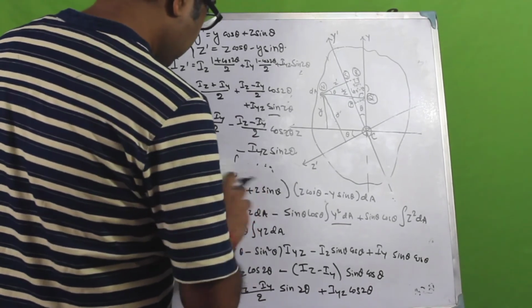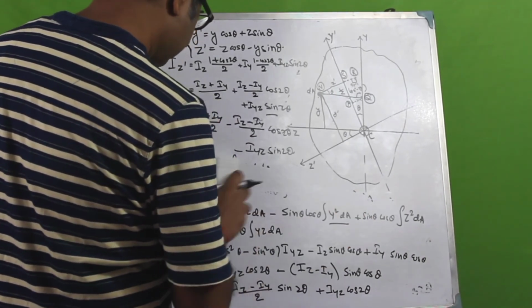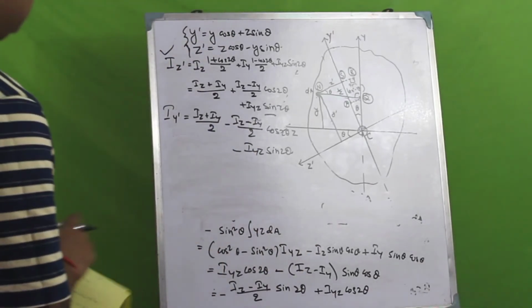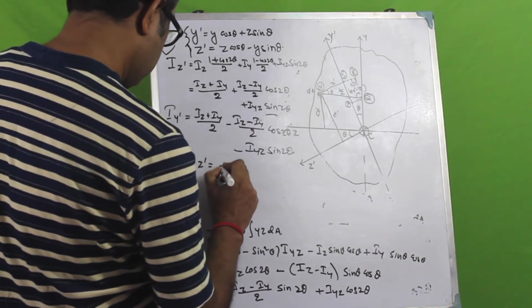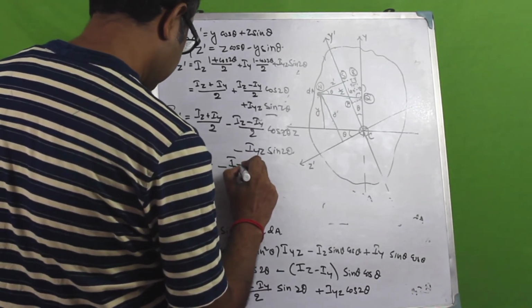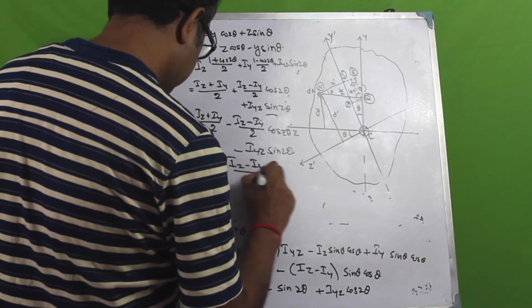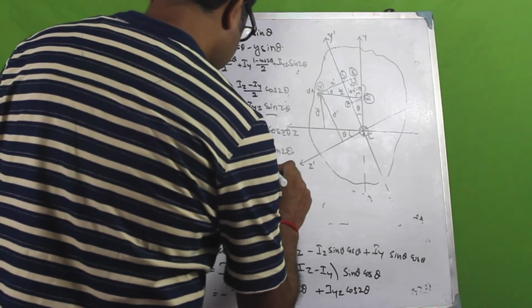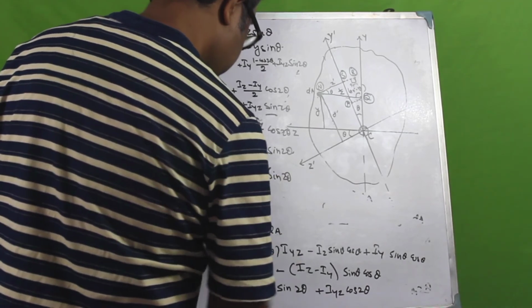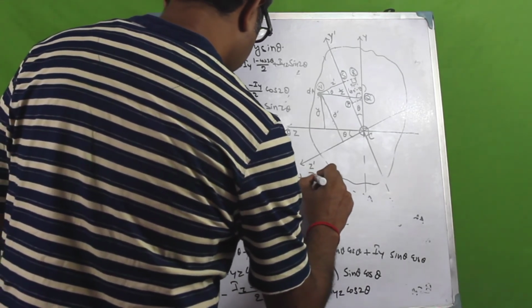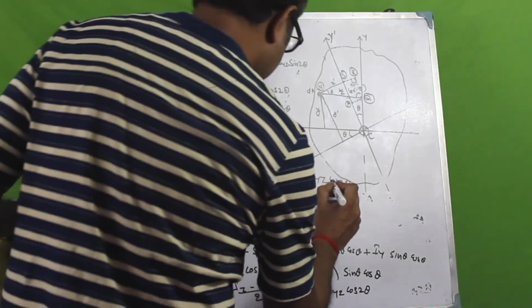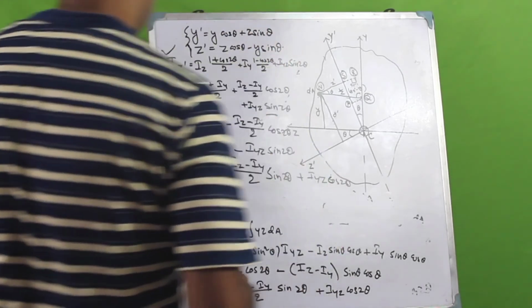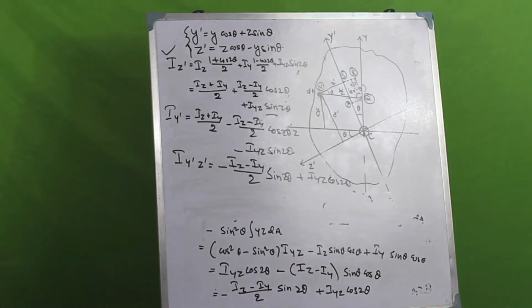So thus Iy dash z dash can be expressed as equal to minus Iz minus Iy by 2 sin 2 theta plus Iyz cos 2 theta. In case anything is unclear, please mention that in the comment section below and I can clarify that to you.